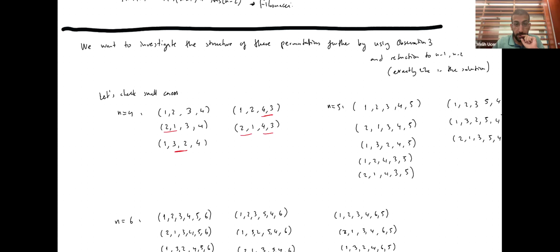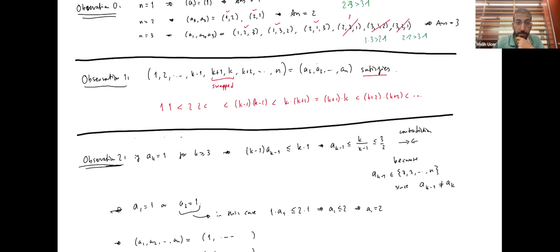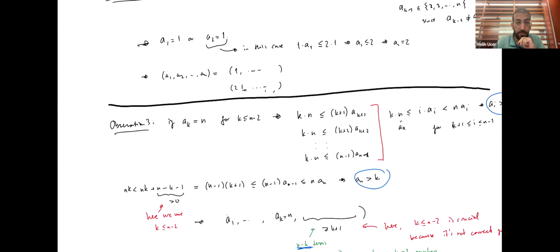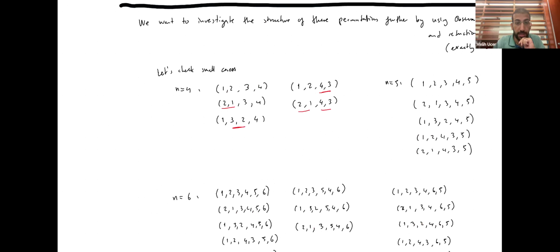What is different in this permutation from what Kerem has said is that if we swap k and k plus 1, we can also swap l and l plus 1 in a different place, and we can swap z and z plus 1 in a different place, as long as they don't interfere with each other. But once you swap, for example, 3 and 2 like this, now you cannot swap 2 and 4.